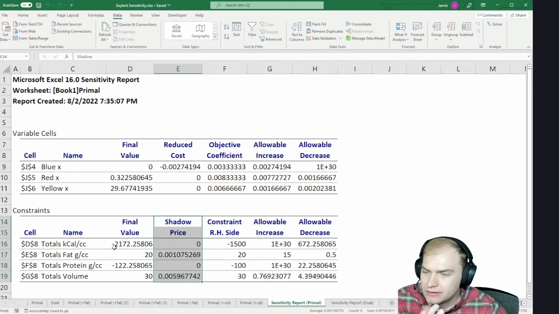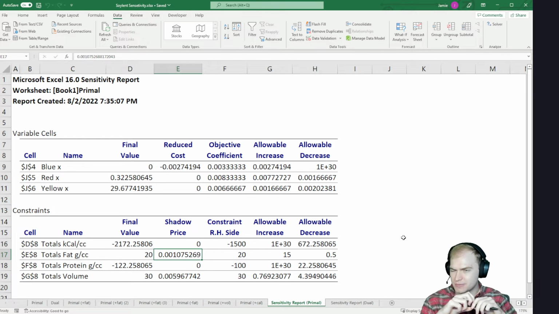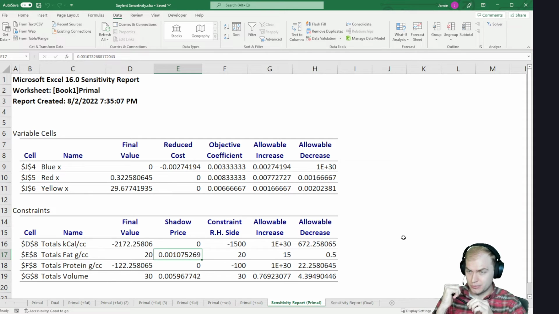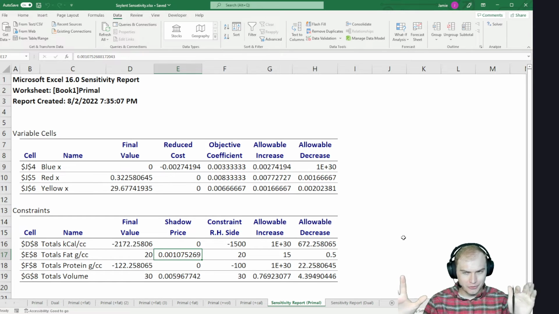But the shadow price for the fats is here, and it's positive. And since this is a maximization problem, a positive shadow price improves the solution. Now this is where things get confused, because on the tableau we're looking for negatives on a maximization problem.